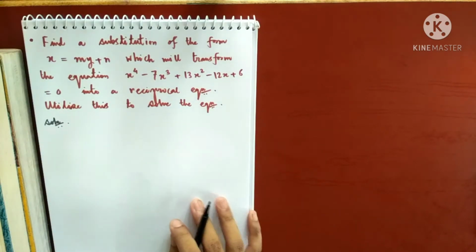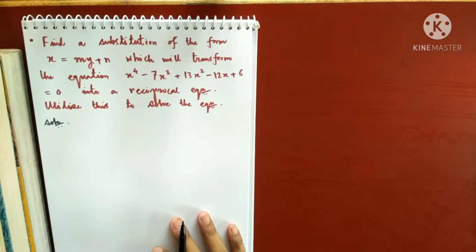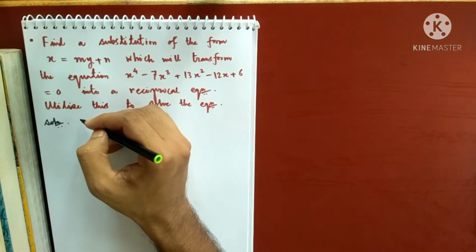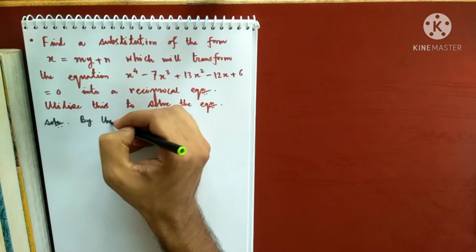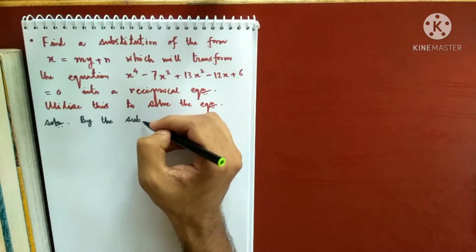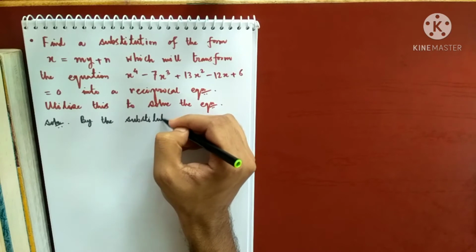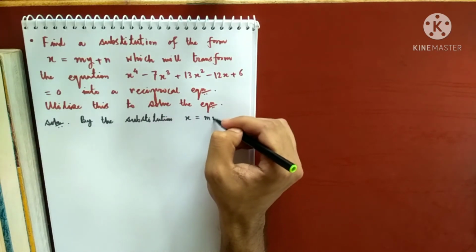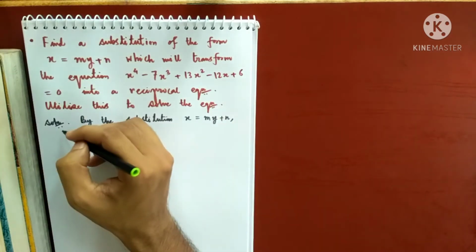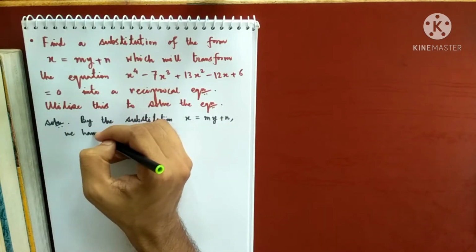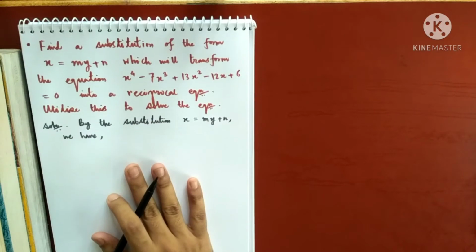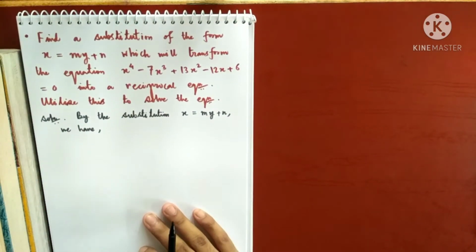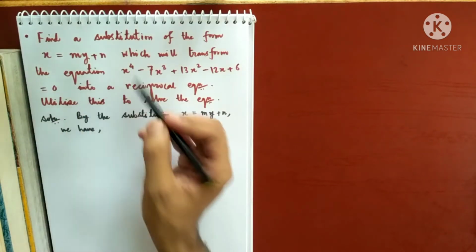Okay, so the solution goes like this. By the substitution x equals my plus n, we put this kind of substitution into this equation. Wherever there is x, I'll put my plus n.